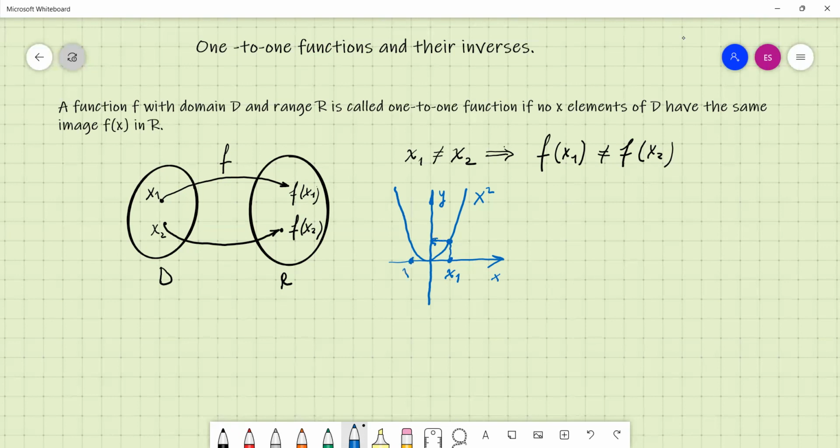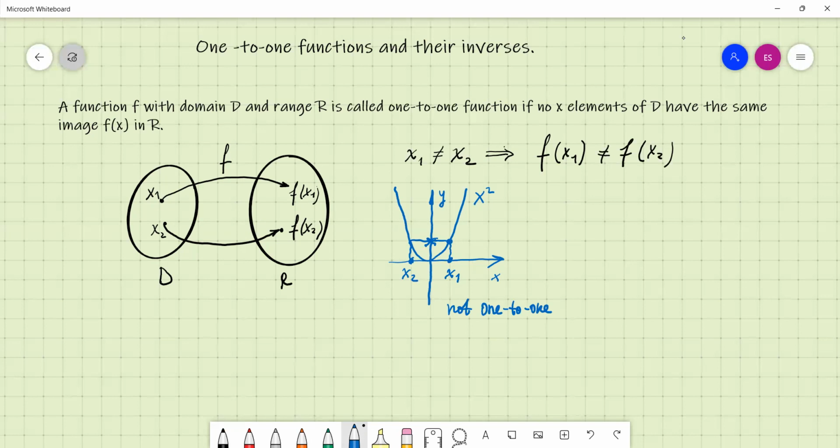If I choose x2, which is like x1 but with a minus, it will give me the very same y because squaring is going to eliminate the minus, right? So this is not one-to-one. I'm going to also write one-to-one as OTO. So the function is not one-to-one.